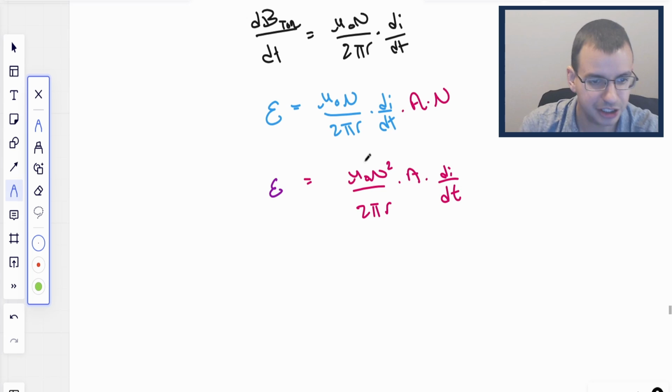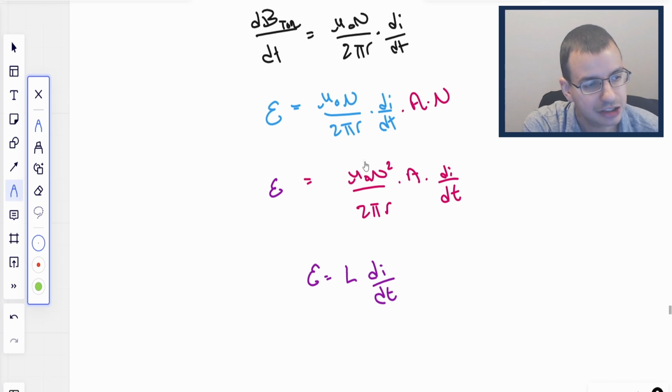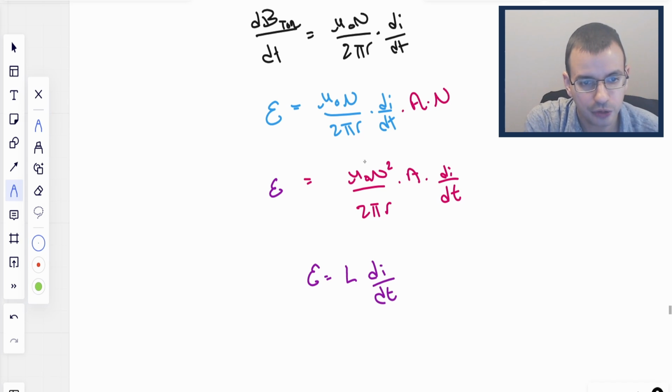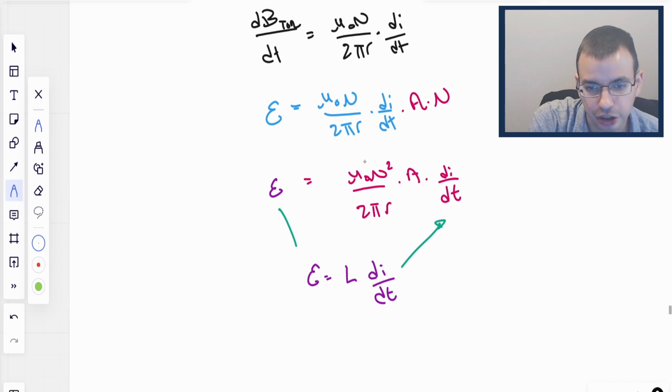The definition of inductance is E equals L di dt. And so if we look at it in this form, there's the E, epsilon, the EMF, voltage. Here's the current.